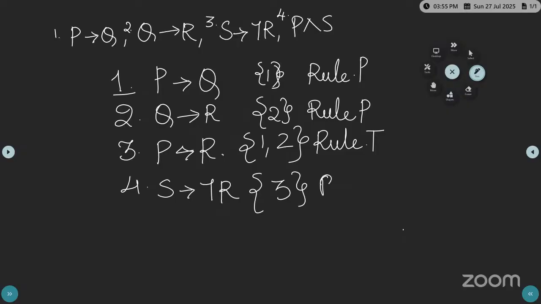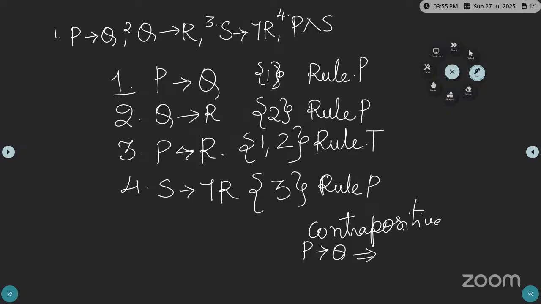According to, see, first of all, this is rule P. When you write the next step, you have to write like this only. Again I am telling you. When you are writing the next step, I am using contrapositive here. What do you mean by contrapositive? P implies Q is also written as negation Q implies negation P. So here when I write it, it has to become negation R implies negation S. So negation of negation R, what will it become?